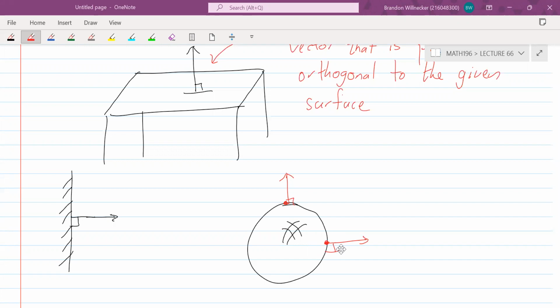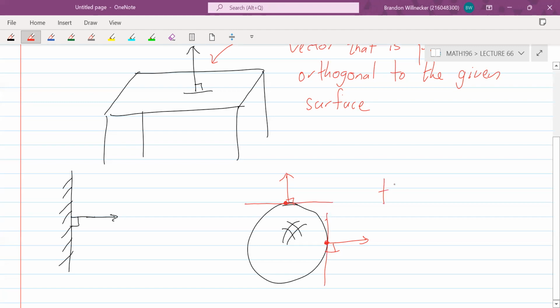So the normal can be different as we go around the surface, but at each point where the normal is located, it must be perpendicular. For example, at this North Pole, if you draw yourself the tangent line, it's perpendicular to that. If you go to the second point here, again, you draw your tangent line, it's perpendicular to that.